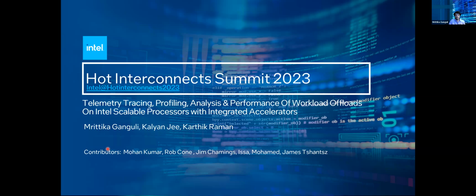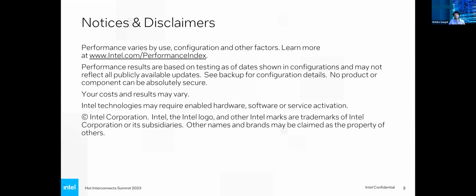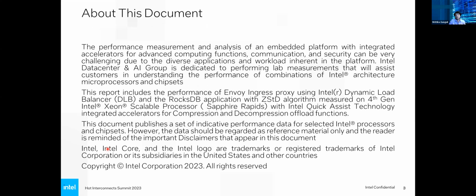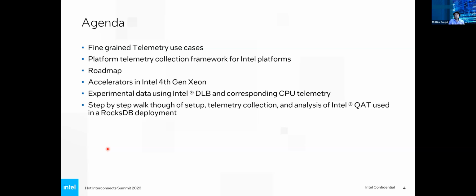Let's go ahead to the next couple of slides. We have to show disclaimers because we're showing performance data, largely around workloads and the accelerators on Intel 4th generation processors. What is our agenda? What we will cover here is telemetry, and why it's important. What are the use cases that telemetry applies to generically in a data center and edge environment?